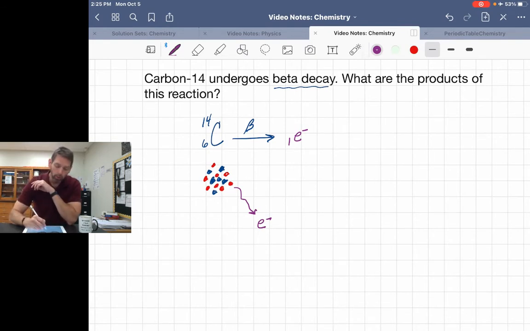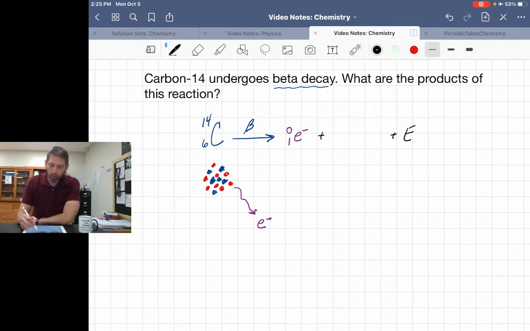So what we can do is come here and put a 0, all right? And that's a 0 on the top because there's no mass, and we see we have 1 of those particles. All right, so now the question is what is left? Well, we know that there's going to be energy. That's not a problem. All right, we've got that.